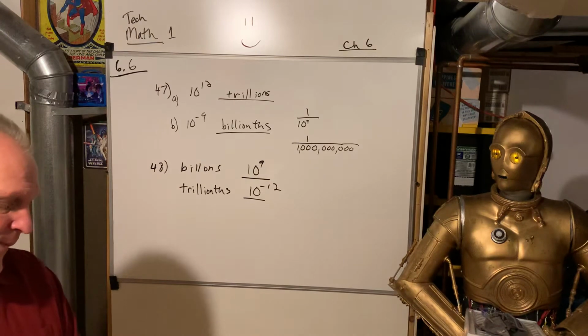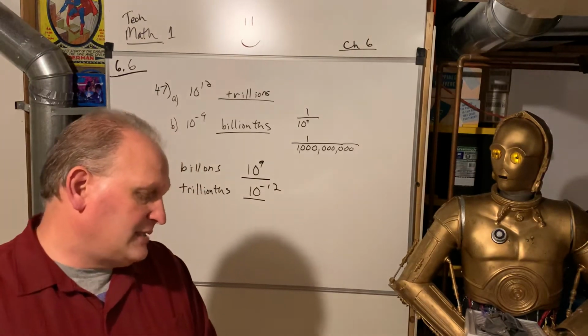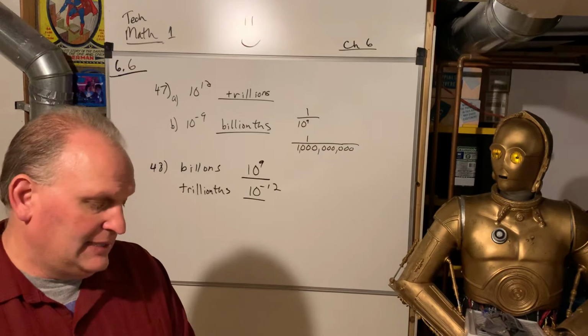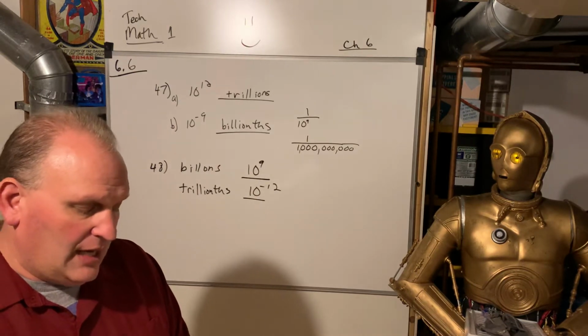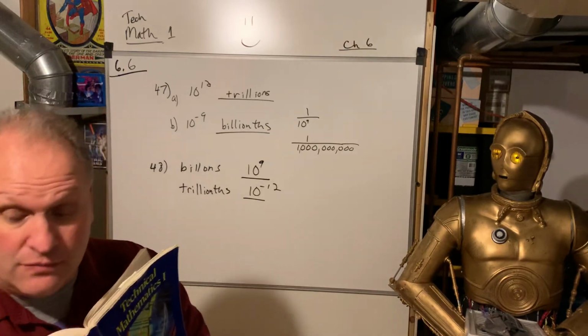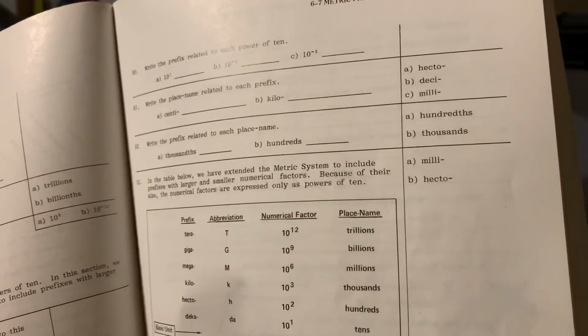All right? Then again, they talk about metric prefixes. We talked about those already: kilo, hecto, deca, deci, centi, milli, with the base unit in the middle. They actually go a little farther, and some of you in your careers are going to use these. Out of the book here, that's page 257 if you're following along.